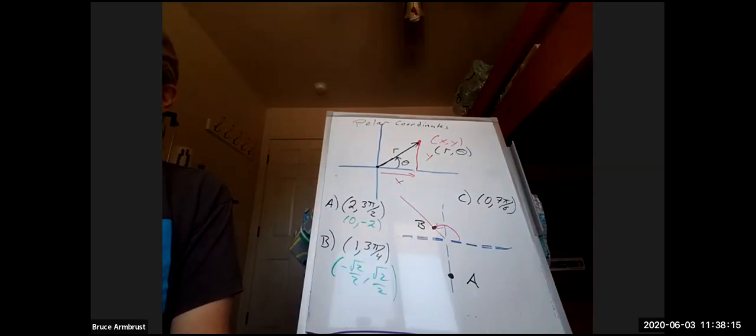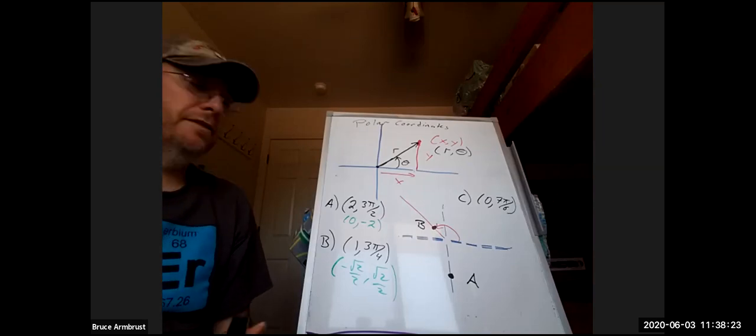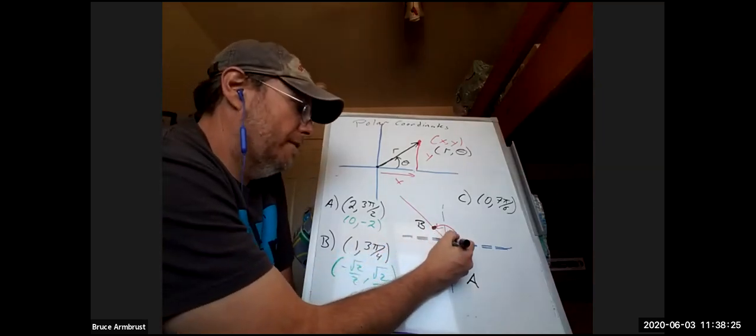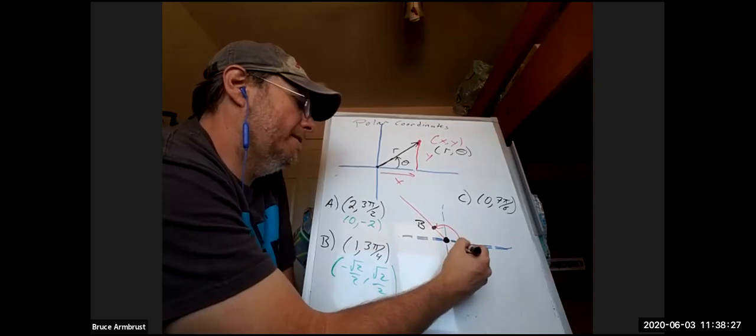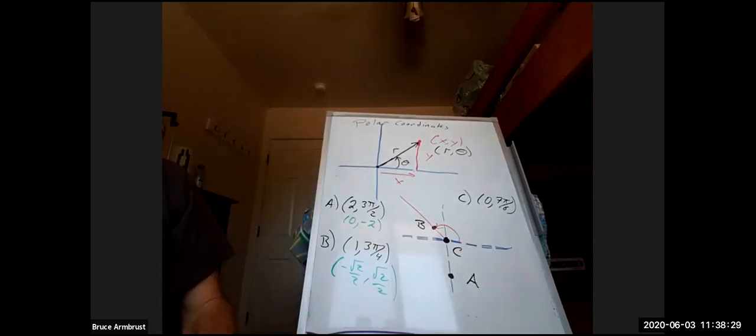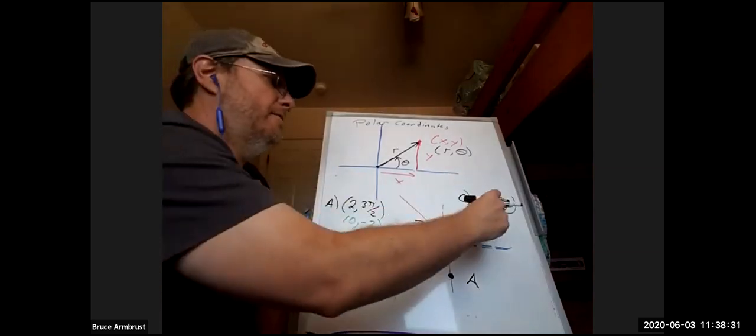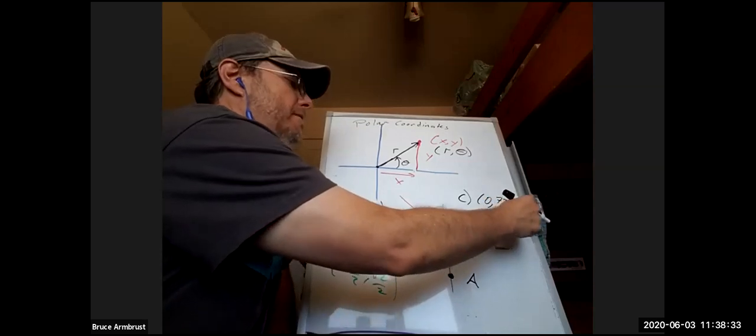All right, so where are we? Yeah, thanks, Aris. We're at the origin. This right here is C. It's the equivalent of 0, 0.